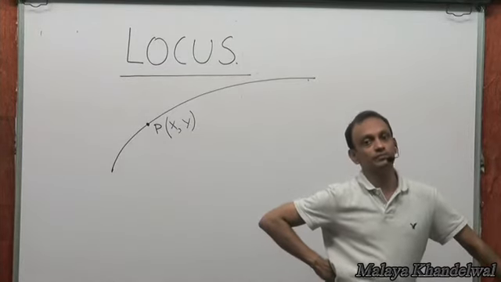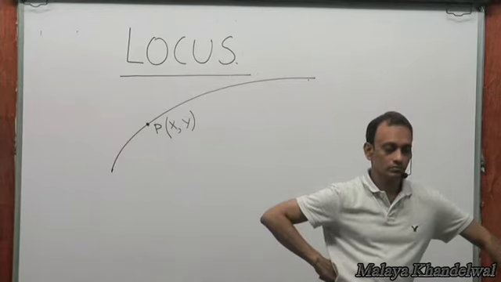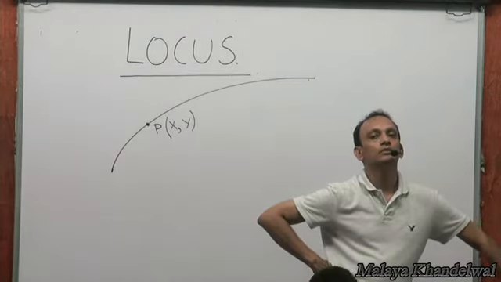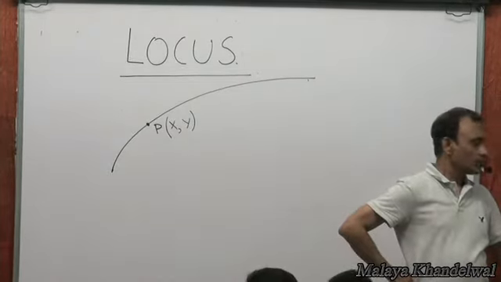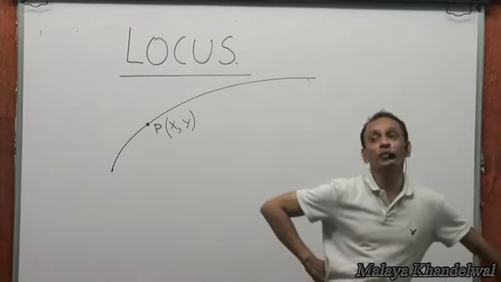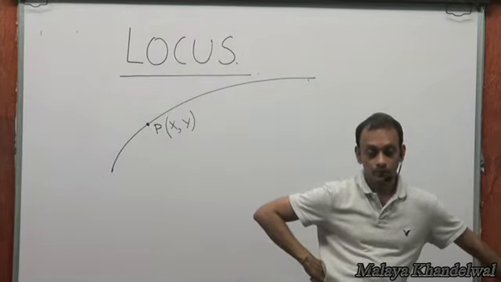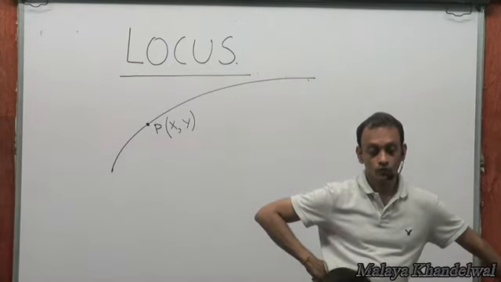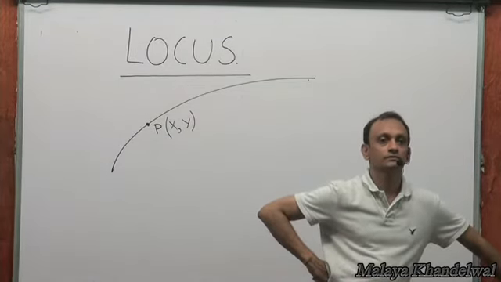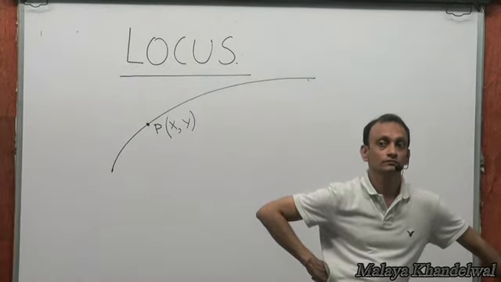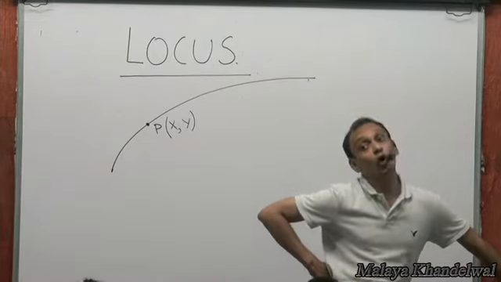An algebraic relationship connects the x coordinate of the moving point with the corresponding y coordinate, true for all positions on the path.